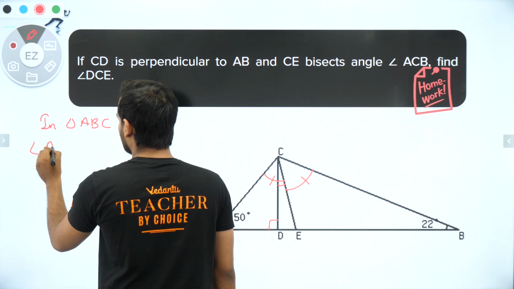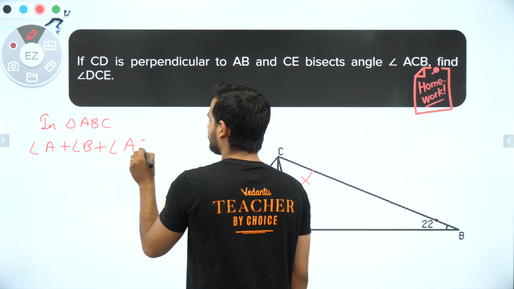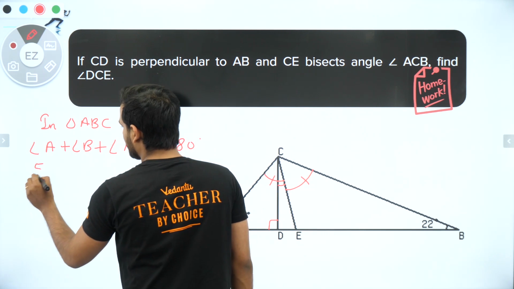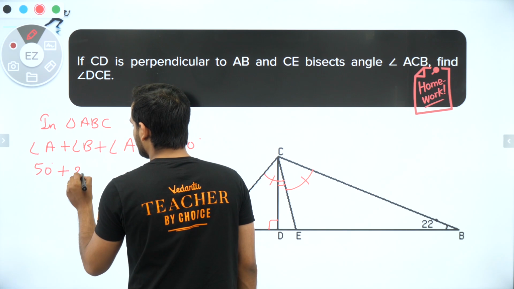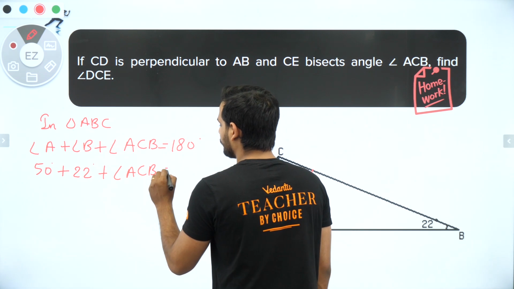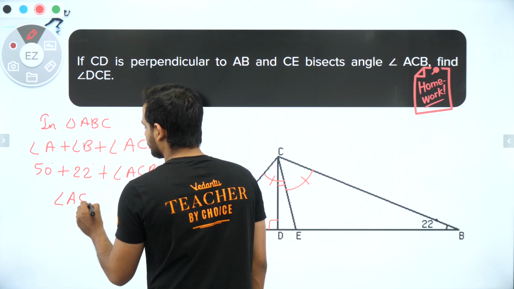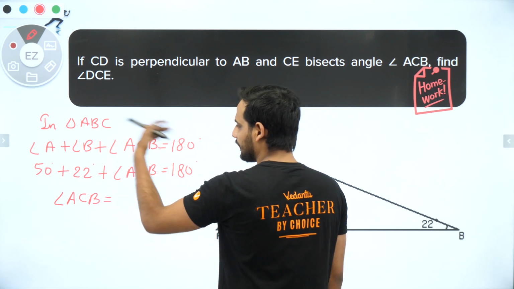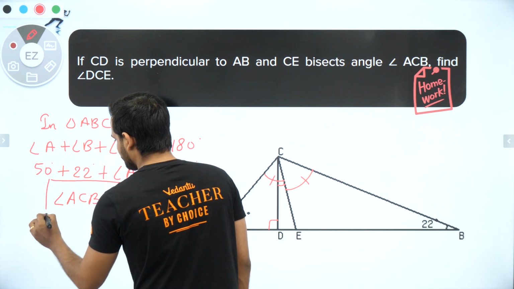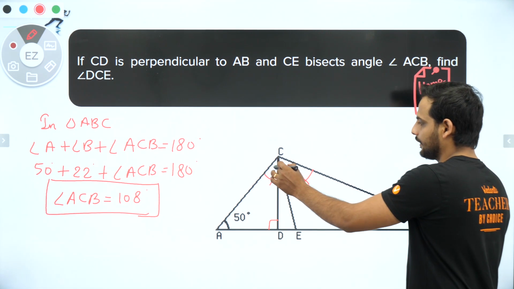Angle A plus angle B plus angle ACB should be equal to 180 degrees. So angle ACB will be equal to 180 minus 72, which is 108 degrees. This whole angle ACB we have got as 108 degrees.